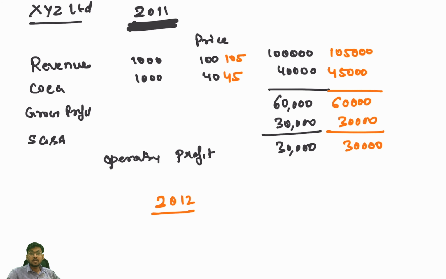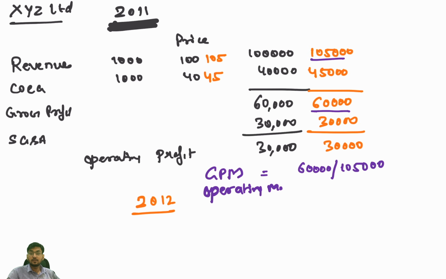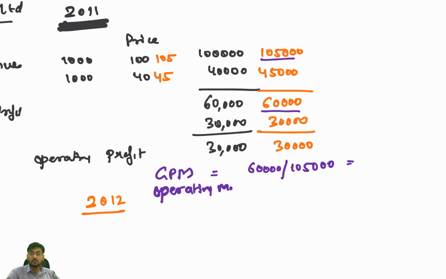Now if you ask me what is the gross profit margins and operating margins, so how to calculate the gross profit margins? It's 60,000 divided by your sales, that is 105,000. Clear? Which is equivalent to 57%.